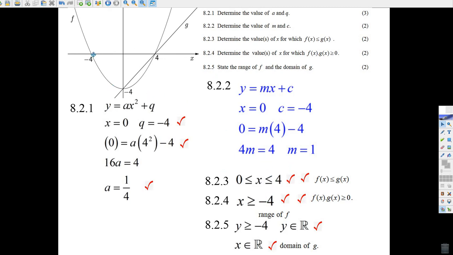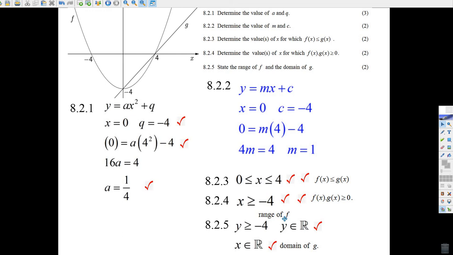The only time it's not going to work is when it's to the left of negative 4. So anywhere bigger than minus 4 should work. It'll either be 0 or they're all on the same side of the line. So it's going to be a negative times a negative, a positive times a positive. All those values of x will work. So anywhere greater than or equal to minus 4.